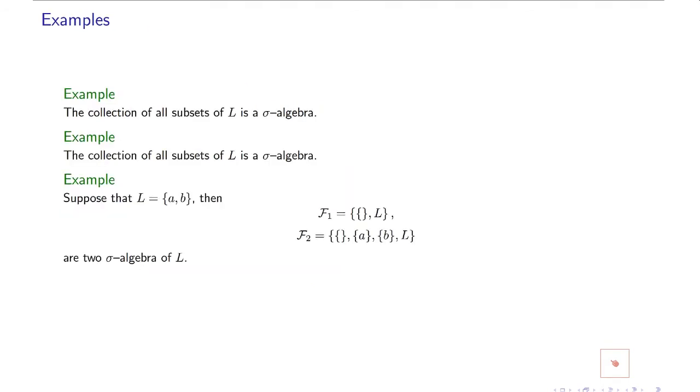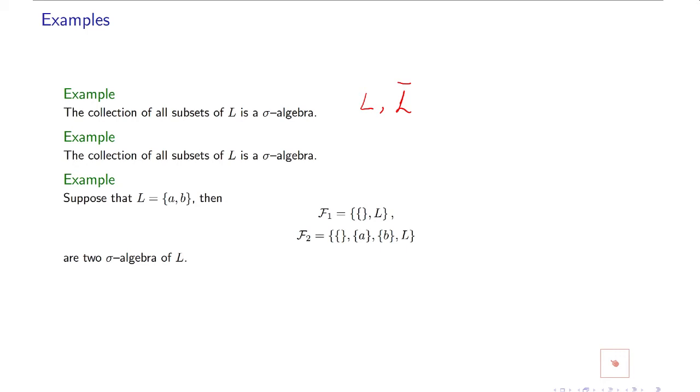Now, a first example: if you have a coin experiment, or any other experiment, the collection of all subsets of Ω is a sigma algebra. So that means Ω itself, its complement, and anything else.